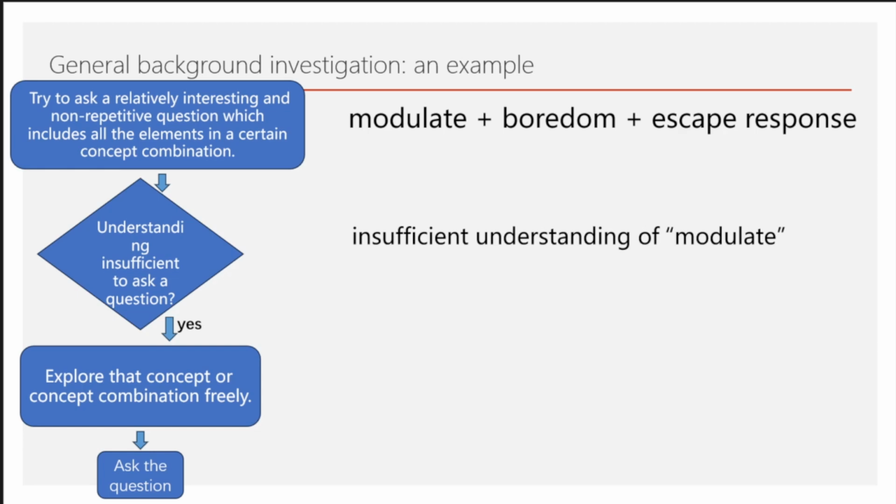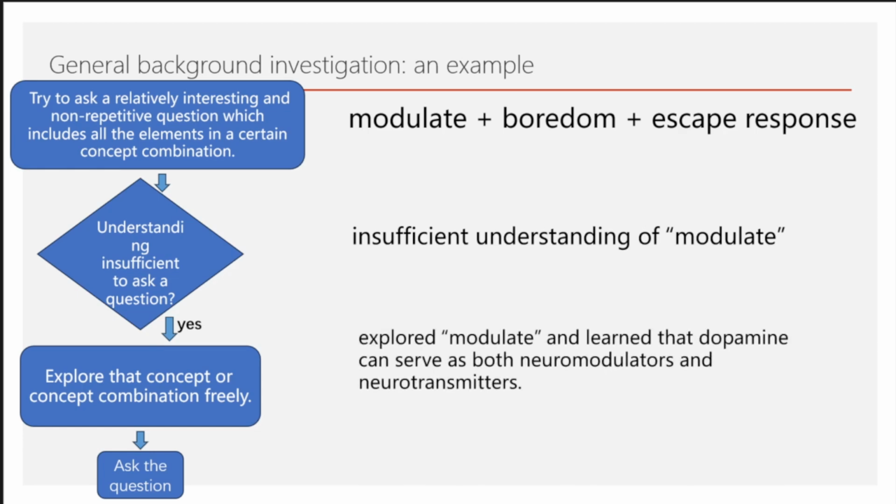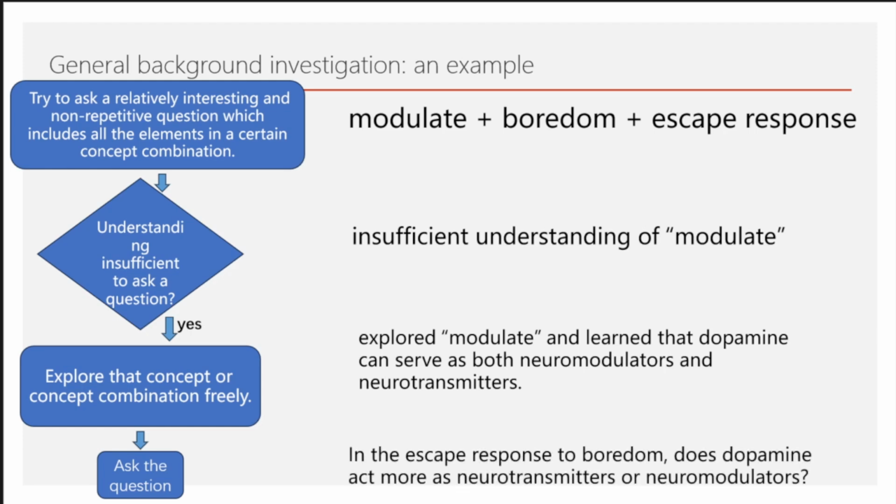So I decided to explore modulate and learned that dopamine can serve as both neuromodulators, which have global slow effects, and neurotransmitters, which have regional fast effects. Then I thought I could ask a question about this combination.